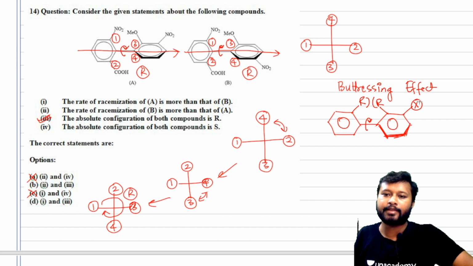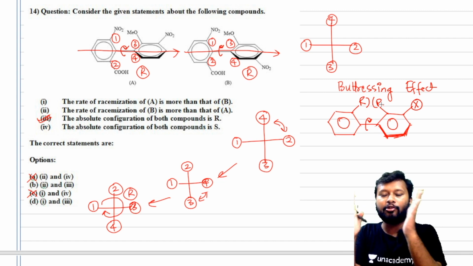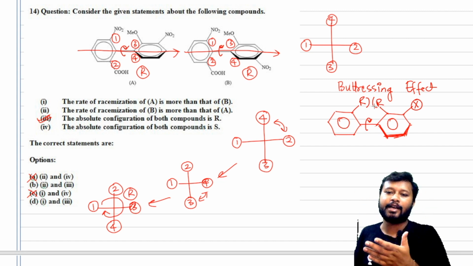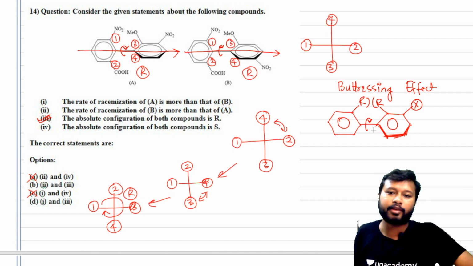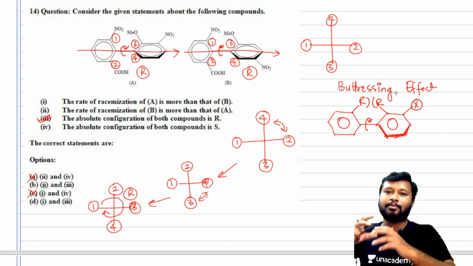So if I place a group at the ortho position over here, that is going to restrict the bending of these R groups away, and that's why they are not going to rotate, and that's why the rate of racemization will be more over there. So this effect is called the buttressing effect, which prevents the rotation of these biphenyl rings.